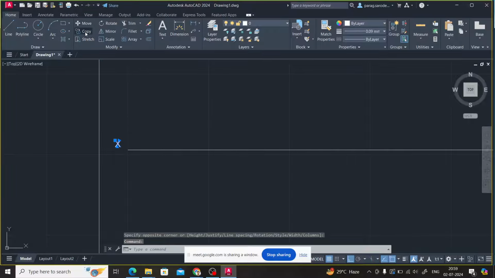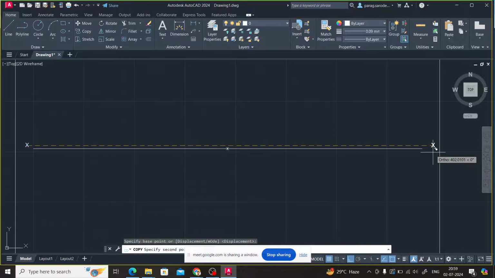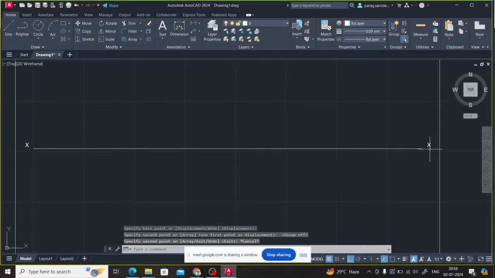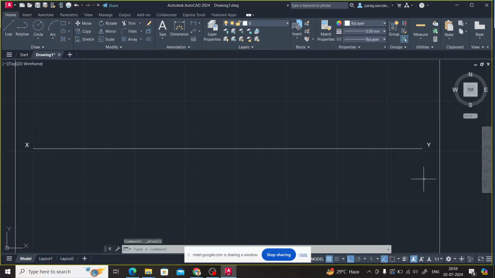I can copy this and write it down here. While pasting, you might have to switch off the O snap. Now how to change this name? This is X, this is Y. I will just double click it, press backspace and write Y. Getting?